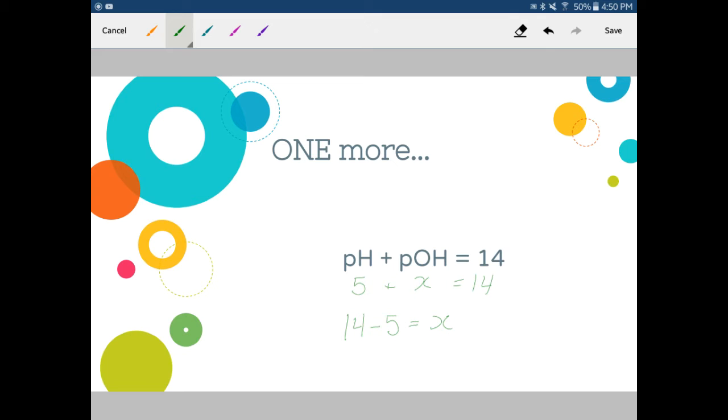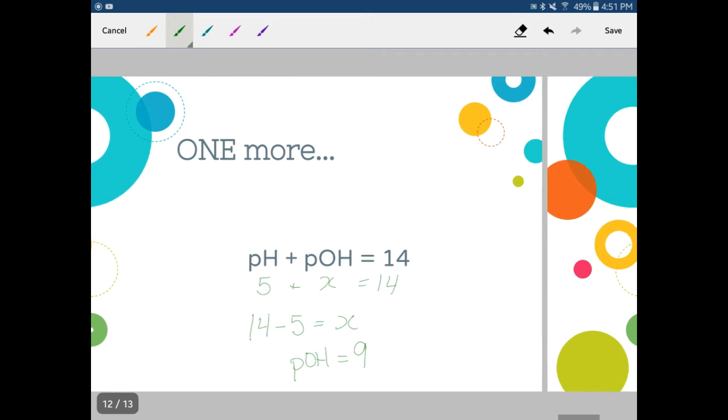So what should x equal? It should equal 9. So your pOH should equal 9. All right, so that's another calculation we can use to solve for our pH and pOH.